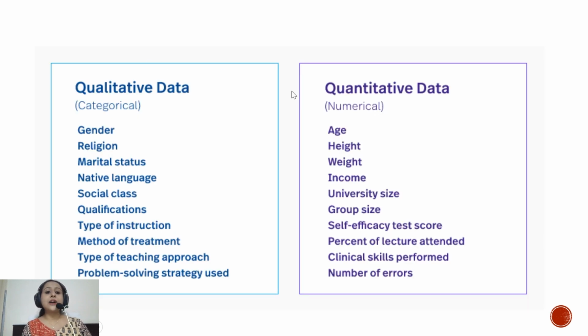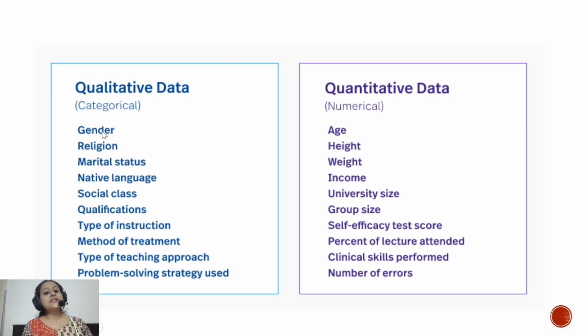So I have some examples of qualitative data as well as quantitative data. You can see gender. Gender can be either male or female. Okay, marital status can be either married or unmarried or widow. So these genders, marital status, religions can be expressed by non-numerical words. Okay, so you do not need numerical figures to express this.